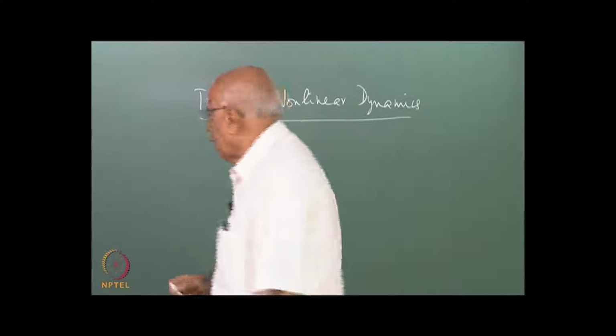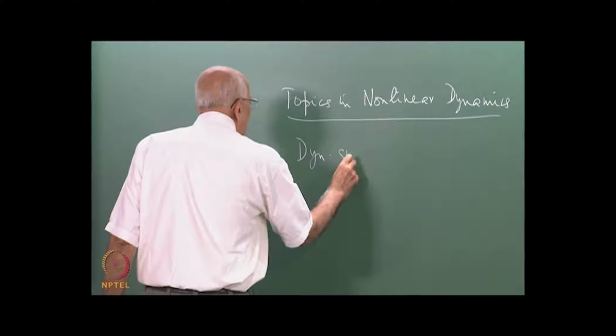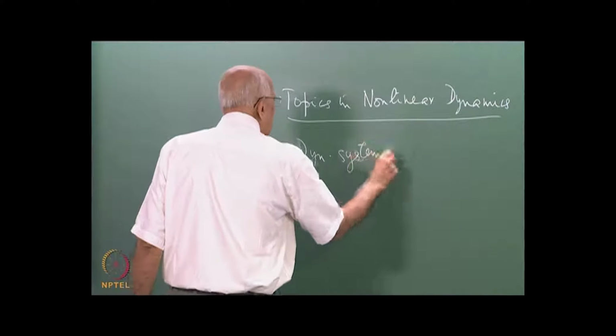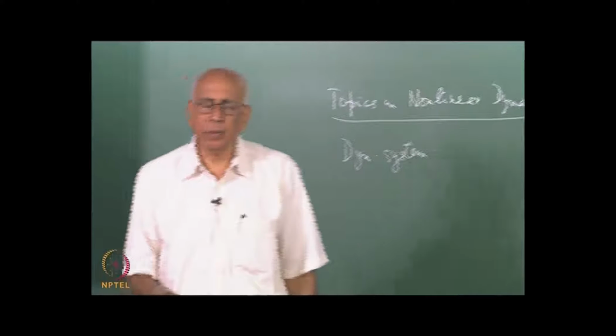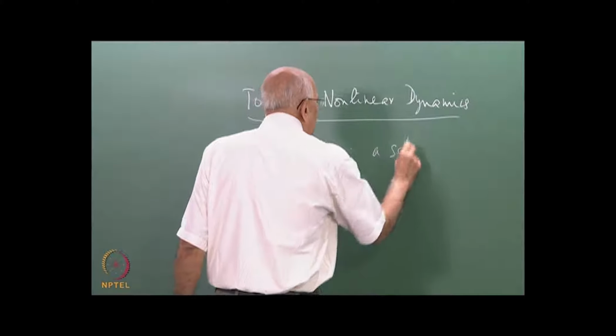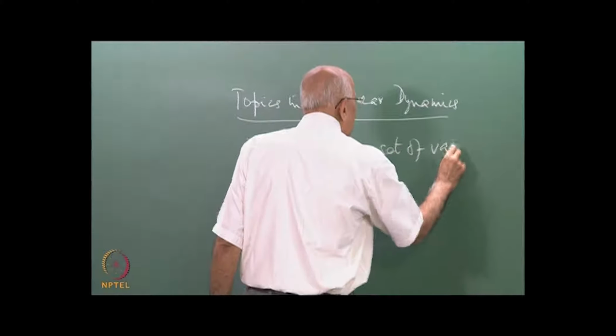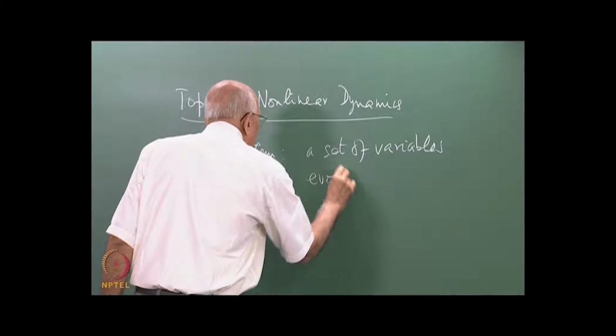So, let me start by defining a dynamical system as a set of variables which change with time according to some prescribed rule. So, it is essentially a set of dynamical variables evolving in time.